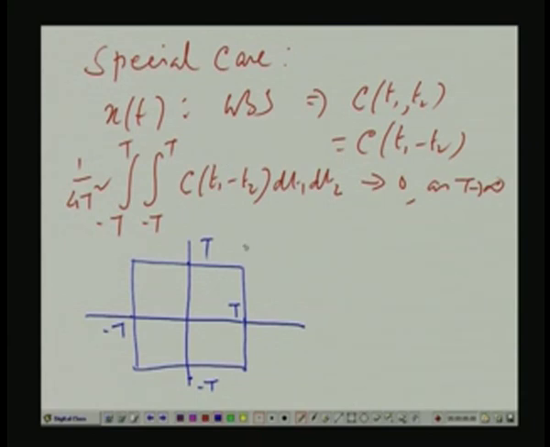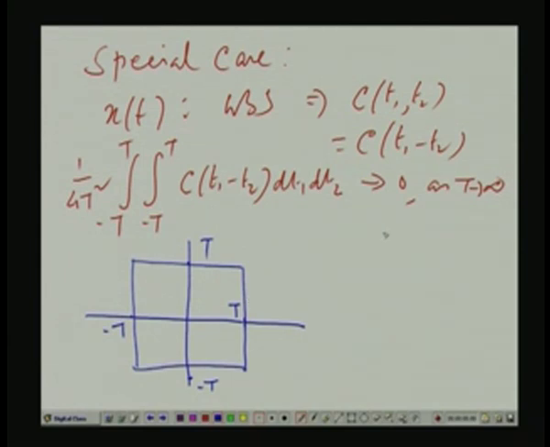This function is to be integrated within this box. The what function? C(t1 minus t2). So, this is such a function which neither depends on t1 or t2, but depends on t1 minus t2. So, if t1 minus t2 is constant in a region or in a part of this square, then C(t1 minus t2) is a constant over that segment.